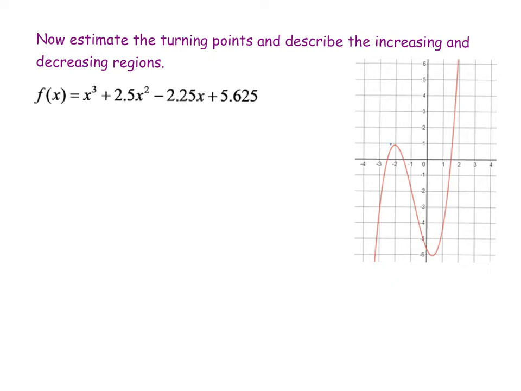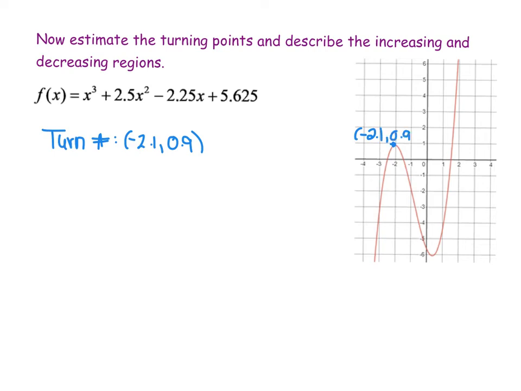So here I can see that my first turning point occurs just a little bit smaller than x is negative 2. So I'm going to guess that my turning point number 1 is going to be at about, we'll say, negative 2.1 comma 0.9. I'm guessing here. This is just an educated guess.